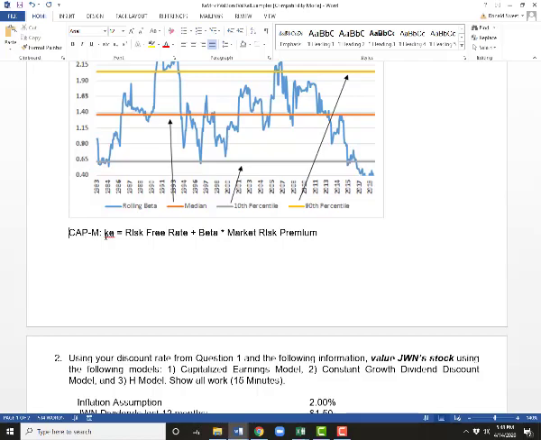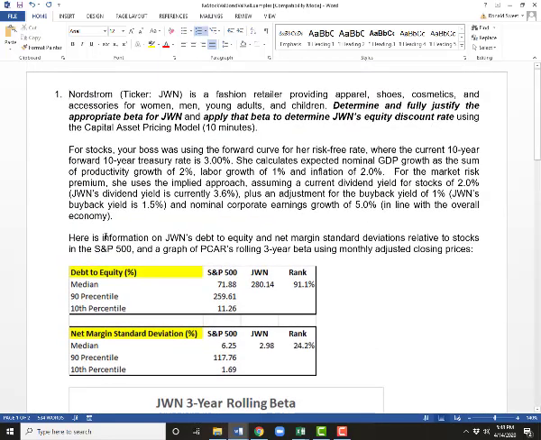So the risk-free rate, you're working on paper 2 right now. Your boss gives you some information on here about how she handles that. So she says she was using the forward curve for risk-free rate when the 10-year forward 10-year treasury rate is 3%.